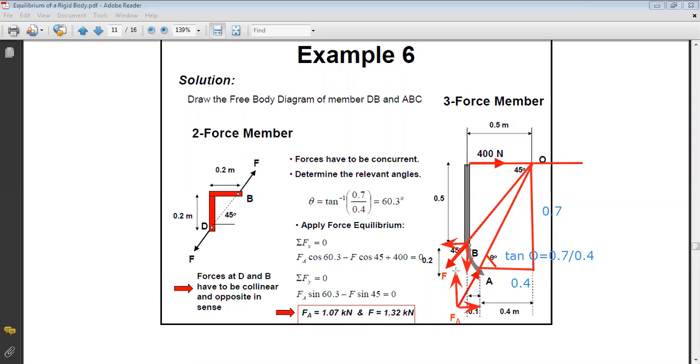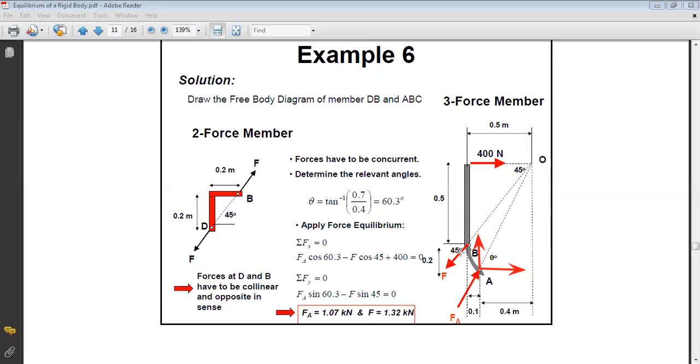Now, if I didn't notice that I have a three-force member, what can I do? I can simply say I have two unknowns here, AX and AY, and the third unknown is F. So I should write in this case 3 equations instead of 2. So when I notice the three-force member, I can reduce the number of equations.